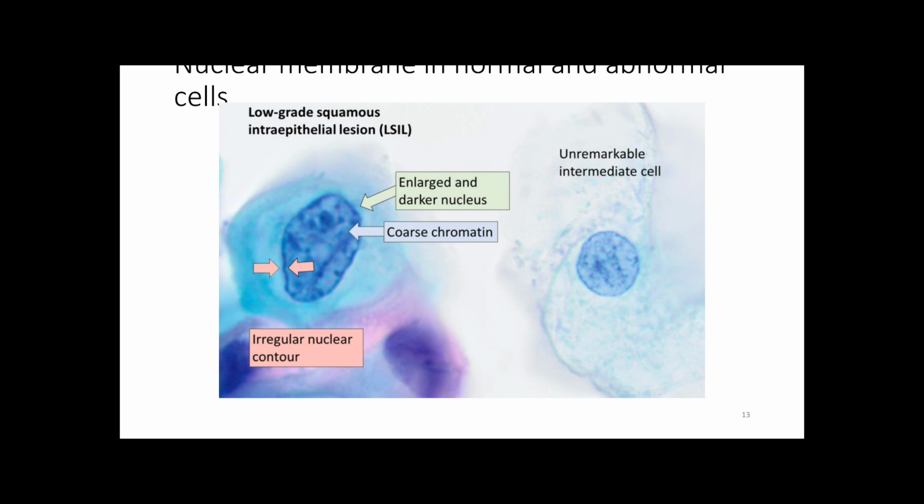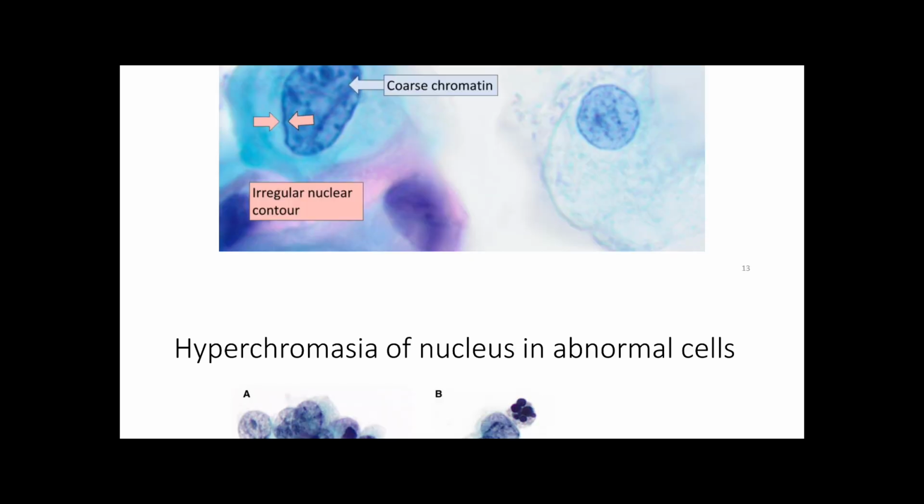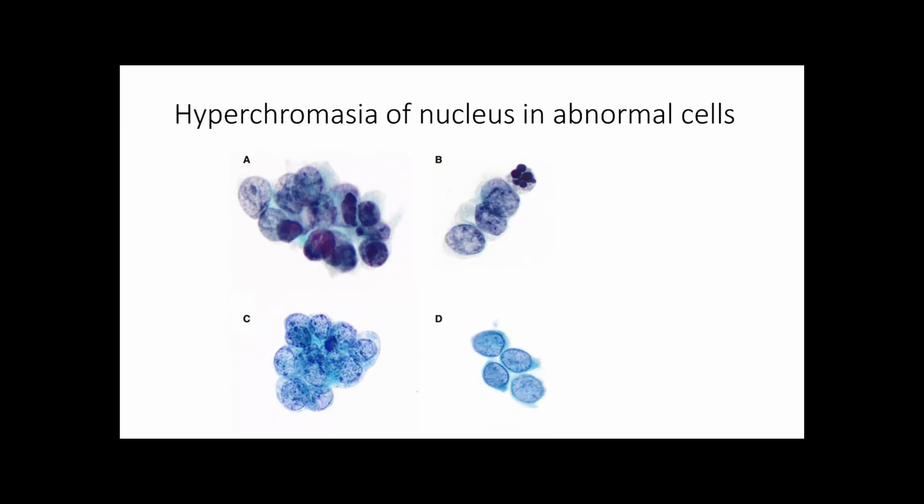But in the abnormal one, the nuclear contents are irregular, some areas are folded inside, and the chromatin too. The nucleus is also enlarged and darker compared with the normal one. Then you can see prominent nucleoli. Then hyperchromasia: here you can see a different, dark color. Hyper means the color is higher.